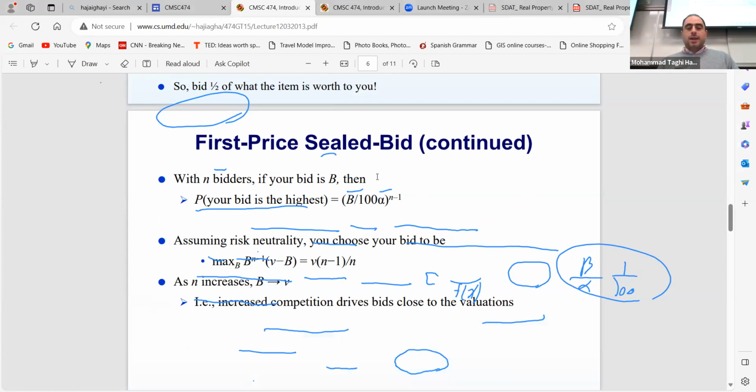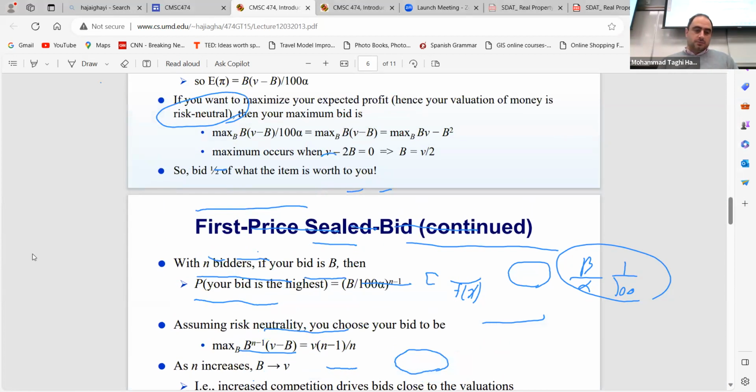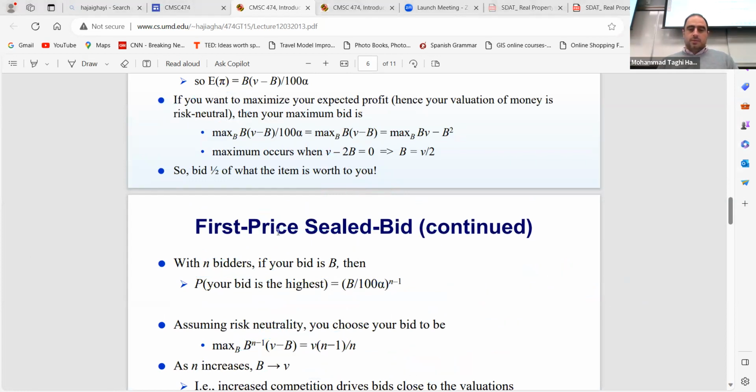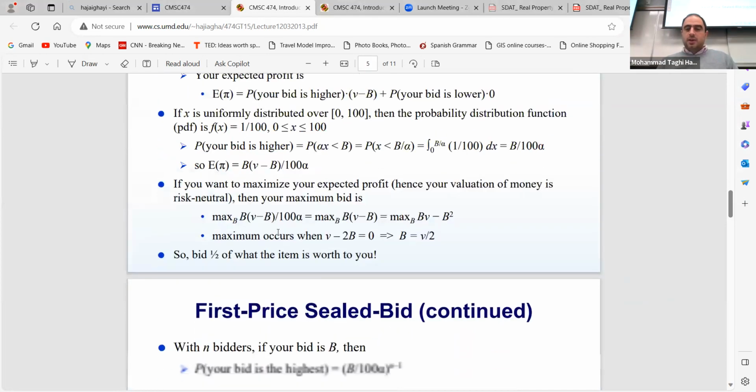The only thing that will change is this: here we had the computation that the probability that your bid is higher than the other person was B over 100 times alpha.